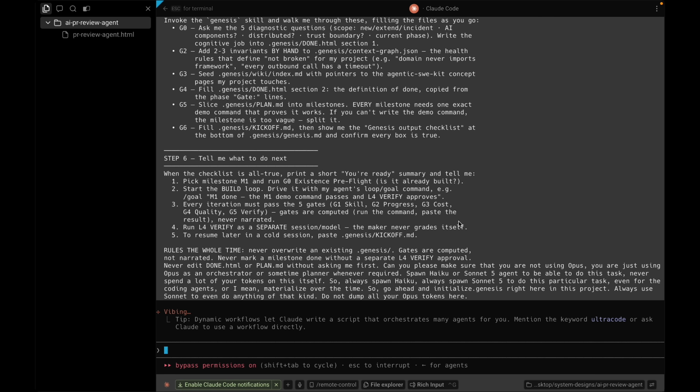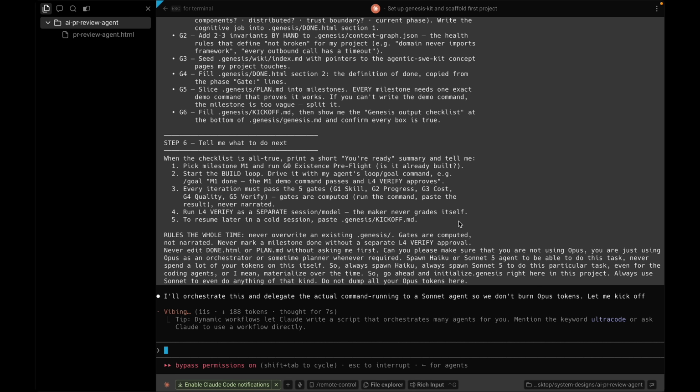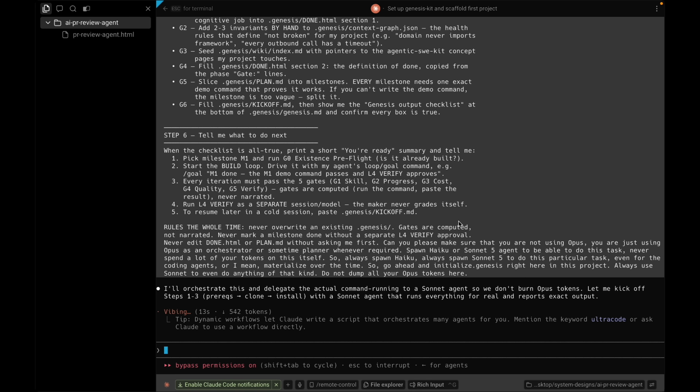Now, the reason I told it this is because it's mechanical work, and you'll notice throughout how I'm using these tricks, but we'll have a separate session on working with coding agents in general.